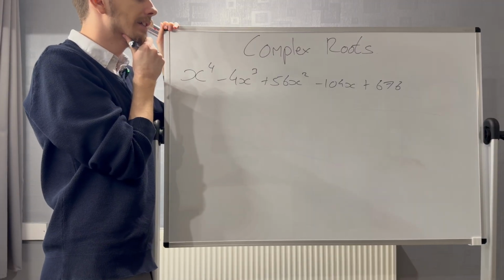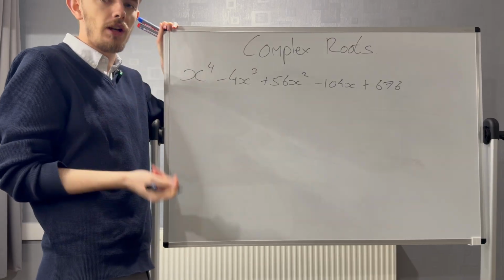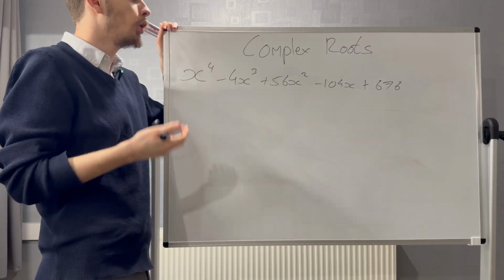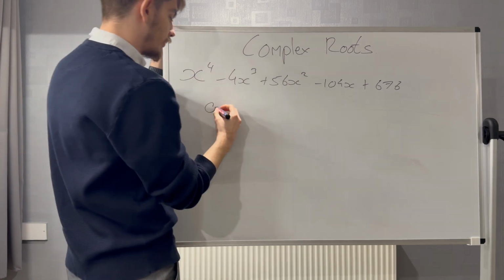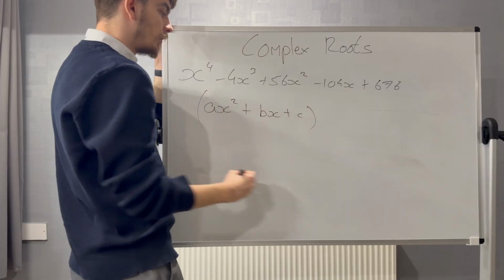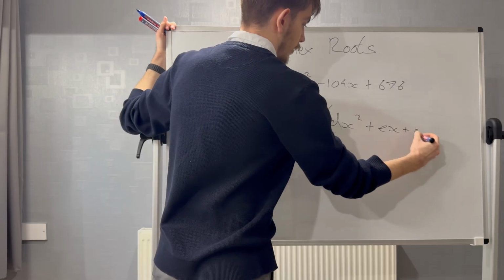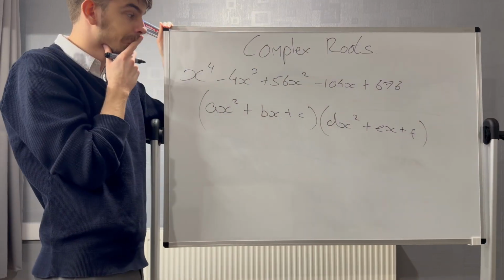Now, again, if I presented you with a quartic, solving it would be an absolute nightmare. But in general, we will be able to split it into 2 quadratics. Some ax squared plus bx plus c times dx squared plus ex plus f. We'll be able to split it into 2 quadratics multiplied by one another.